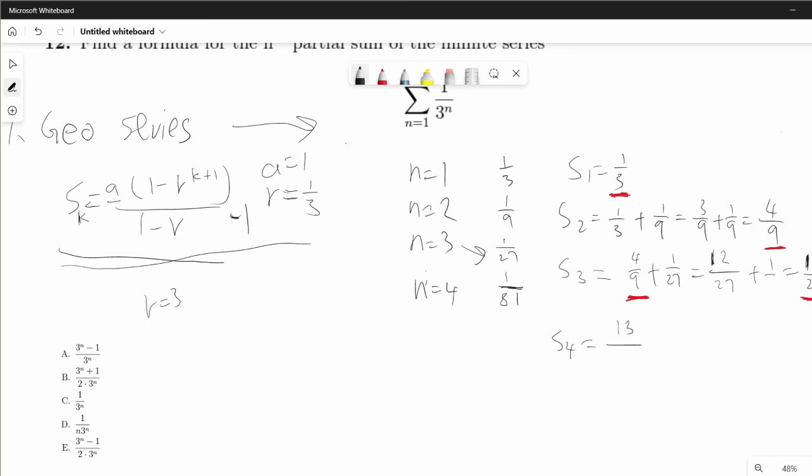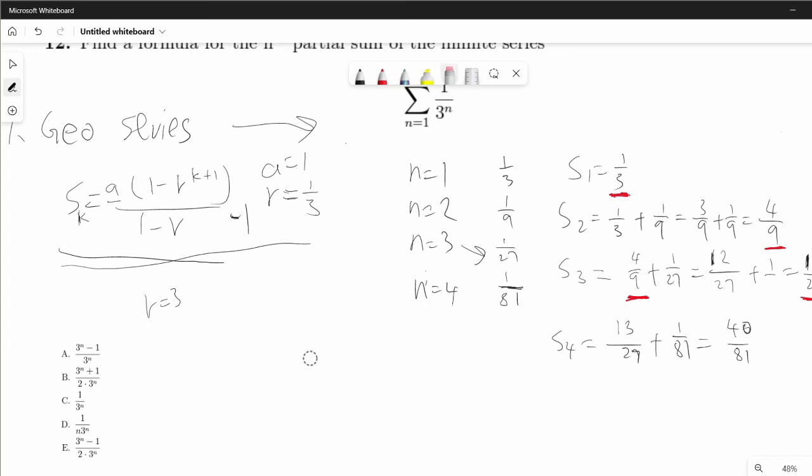It would be 13 over 27 plus 1 over 81. So this times 3 is 40 over 81, I think. Right? I think that's right. Yeah, that's right. And then you plug every single one in for each answer. Since you have multiple choice, you can plug these formulas in and see if they're right.